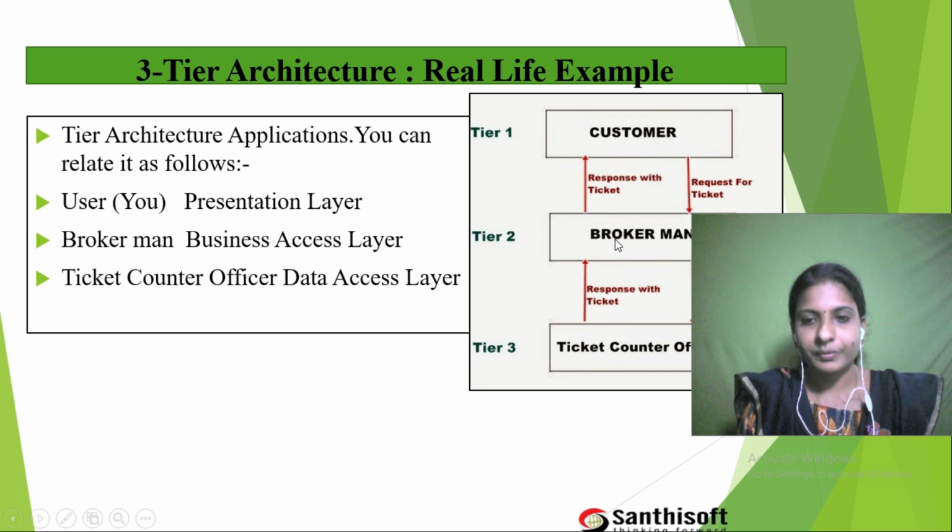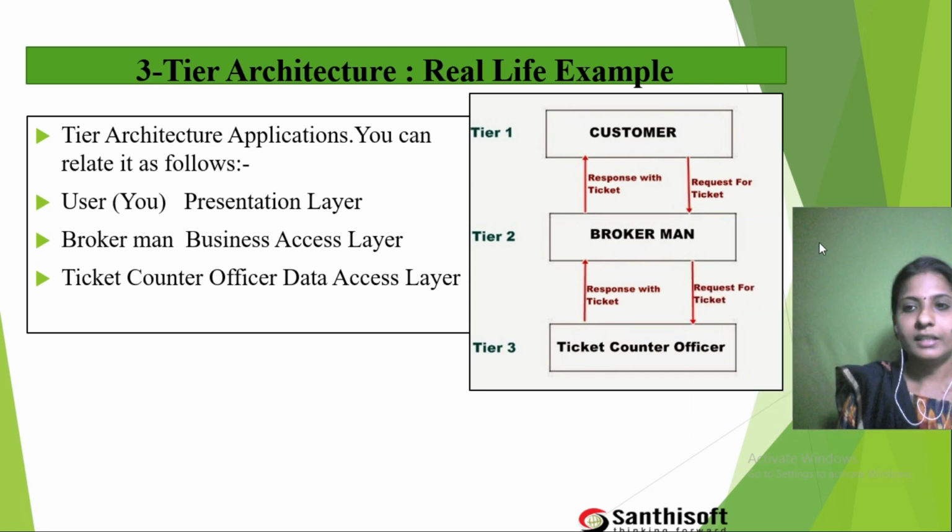This broker gives the request to the ticket counter for the ticket. The ticket counter officer responds with the ticket to the broker. The broker directly communicates to the customer. See, the three tiers are explained like this.